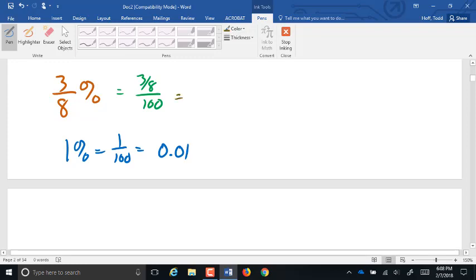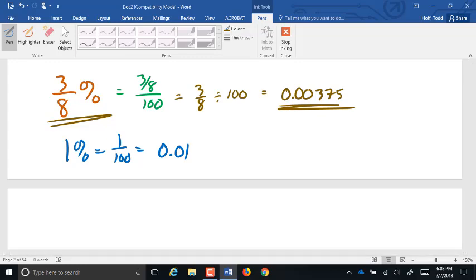If you divide that out, 3/8 divided by 100, that divides out to be 0.00375. That's the decimal form of 3/8%. Yeah, you move it 2 spots because you're dividing by 100. So yeah, you can think of it as 3/8 is 0.375. Yes, a percent is always out of 100, always divided by 100.